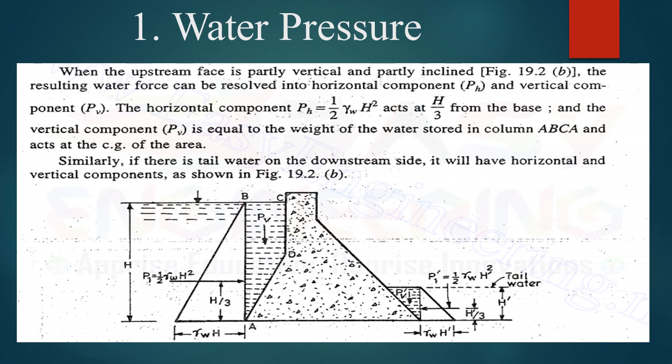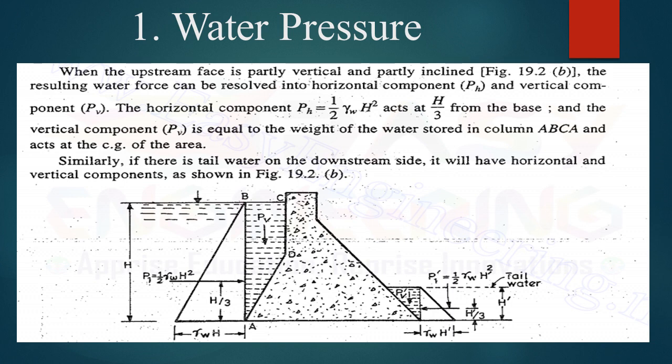The vertical force will be the weight of this part, a d c b, the water column acting in this direction, at the CG of the area. So we have to calculate the CG of that particular area, and then we can place our vertical component in this direction.